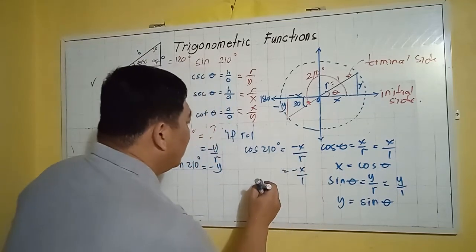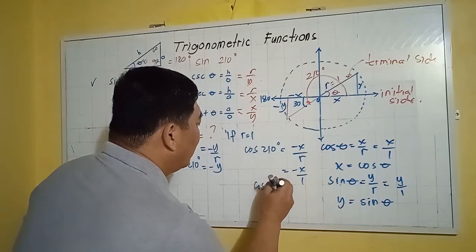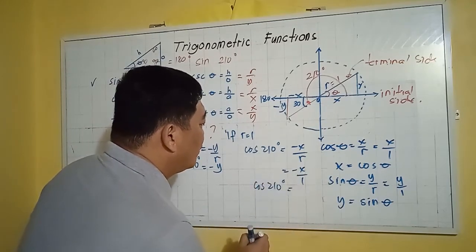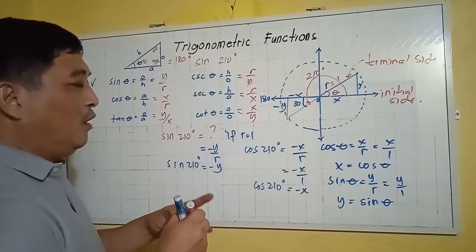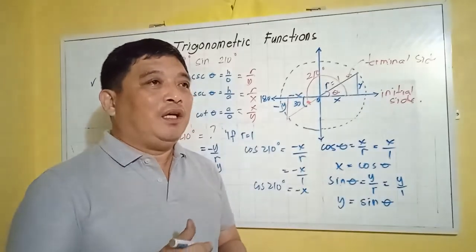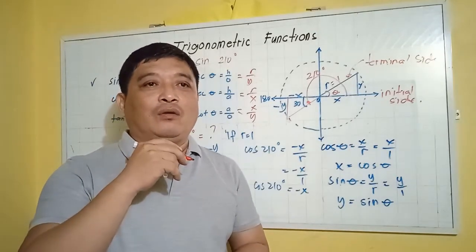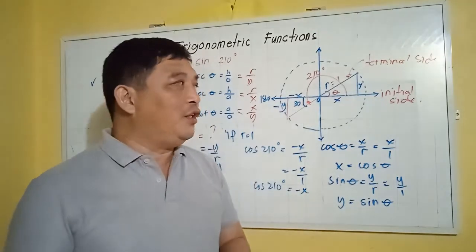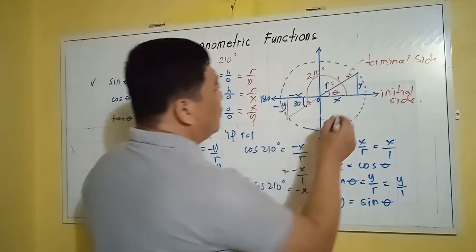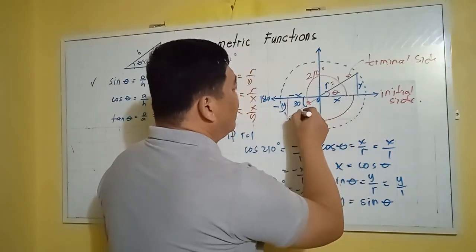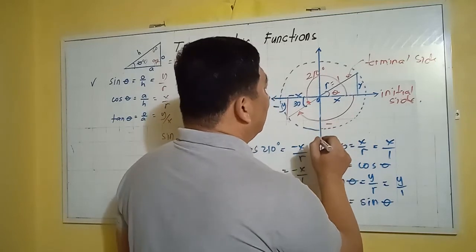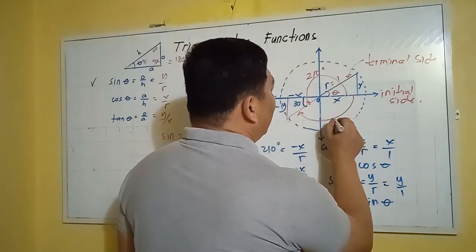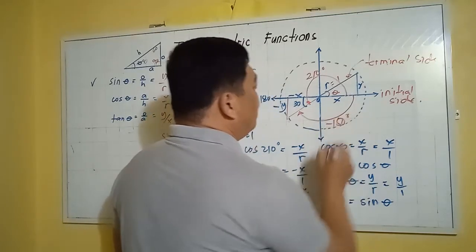So we have cosine 210 degrees is equals to negative x. Now, if we are going to consider a clockwise rotation of this angle of measure, meaning we have a negative 150 degrees.